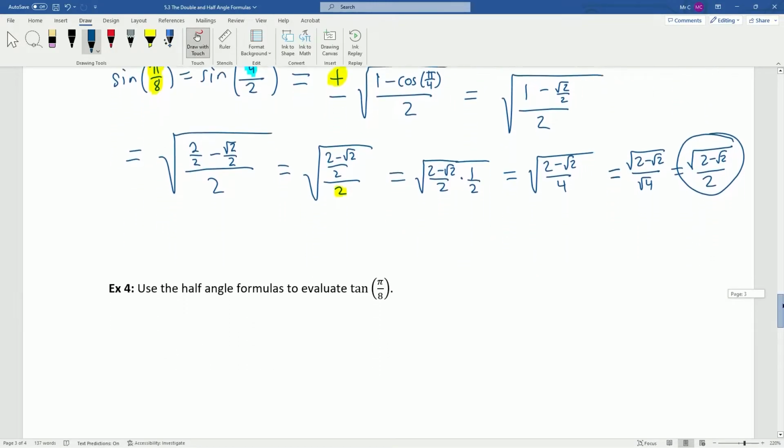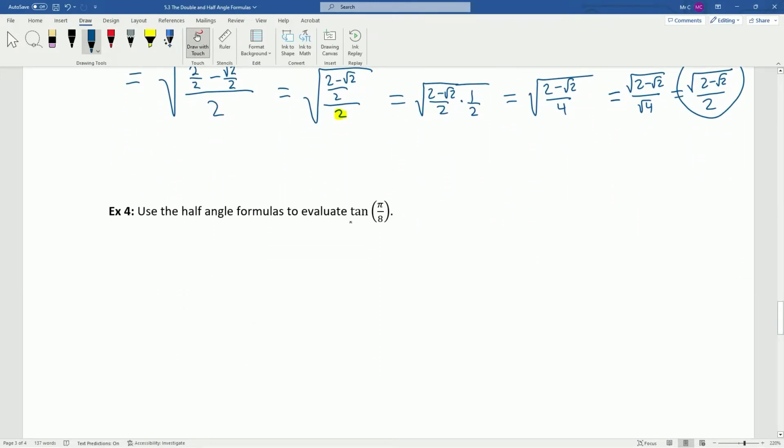Okay, so let's go ahead and tackle using half-angle formulas to evaluate tangent of pi over 8. Well, we already saw, based on the previous problem, that we can write tangent of pi over 8 as tangent of pi over 4 over 2, where pi over 4 is going to be my angle theta in my formula.